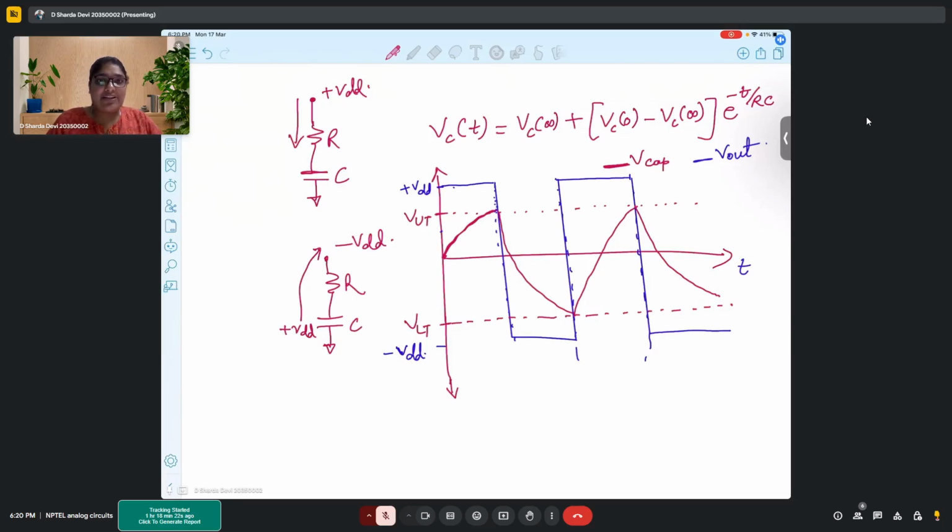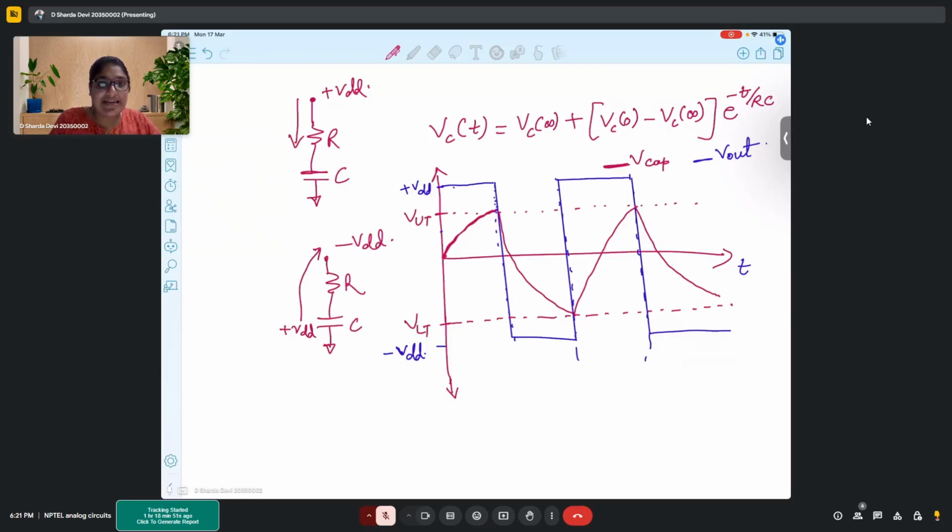The next thing: for a signal which is continuously flowing through time, there are only two parameters which are very important. One is the frequency of that particular signal, and the other is the magnitude of the signal. Now, we understood that the magnitude can be justified by the supplies that you provide to your op amp.